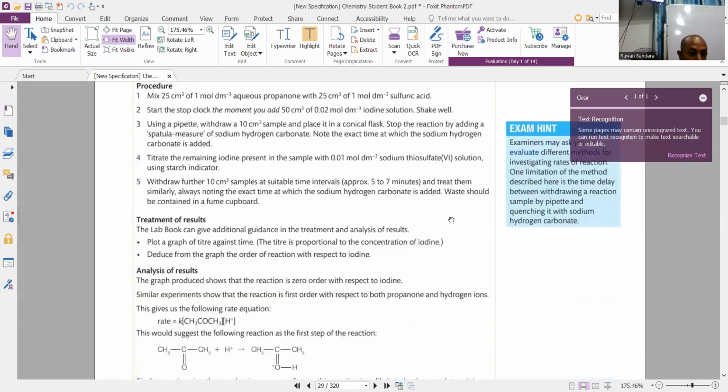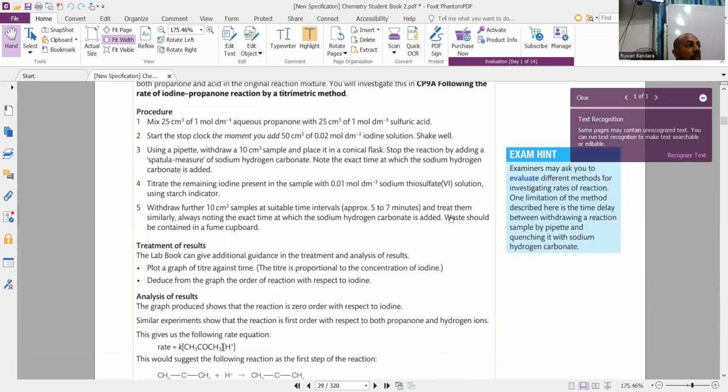They are asking: by analyzing the results of this practical, the propanone and iodine practical, it suggests that the rate depends on the concentration of propanone and the concentration of H plus, right?